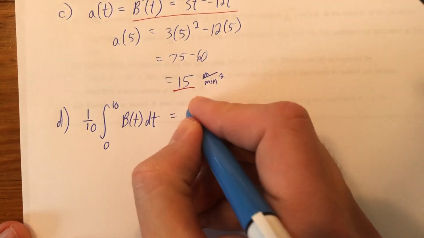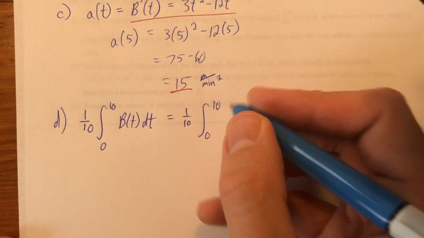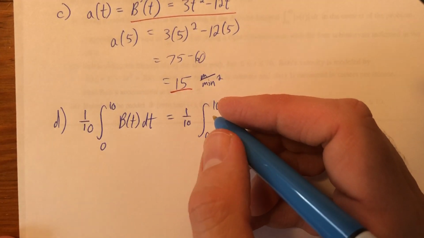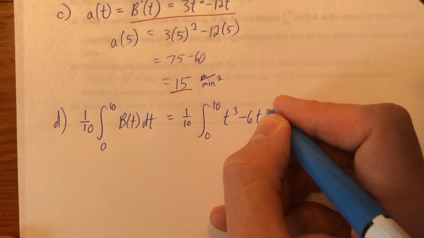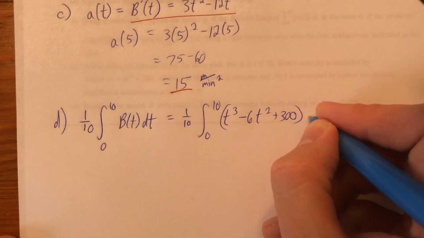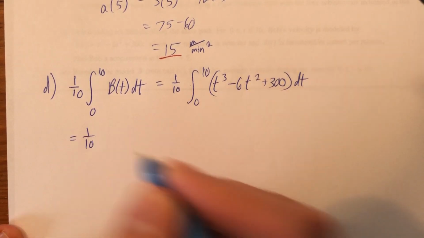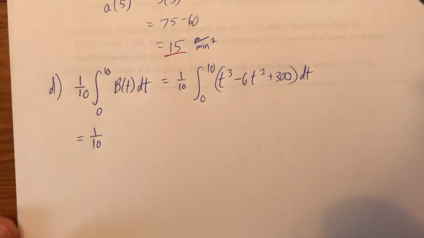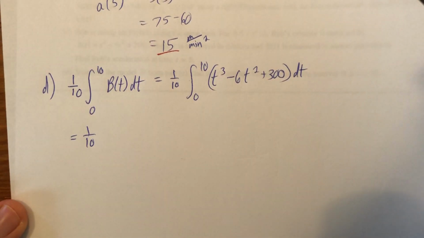Let's keep going. 1/10 of everything that's about to happen, whatever that is, 0 to 10. And let's find out what Bob was. Bob was t cubed minus 6t squared plus 300, and that is dt. 1 over 10. And we're going to integrate this. We have to do it by hand. We can't use a calculator. It's not going to be hard, though.